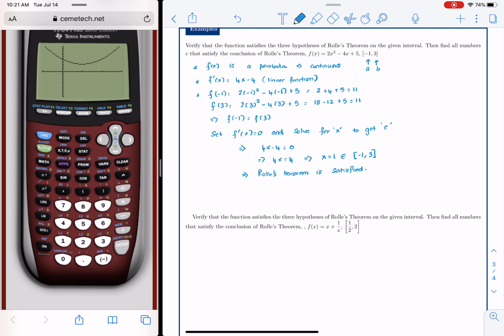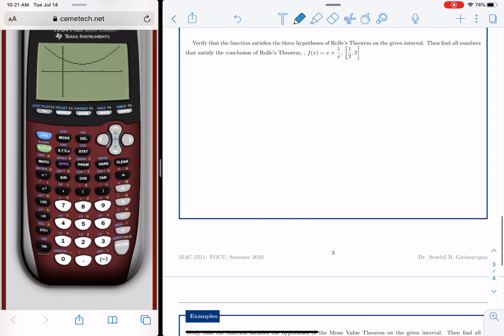And clearly between those two points the function is continuous, and you can see at 1 the derivative has to be 0 because it turns at that point. So Rolle's theorem is satisfied.